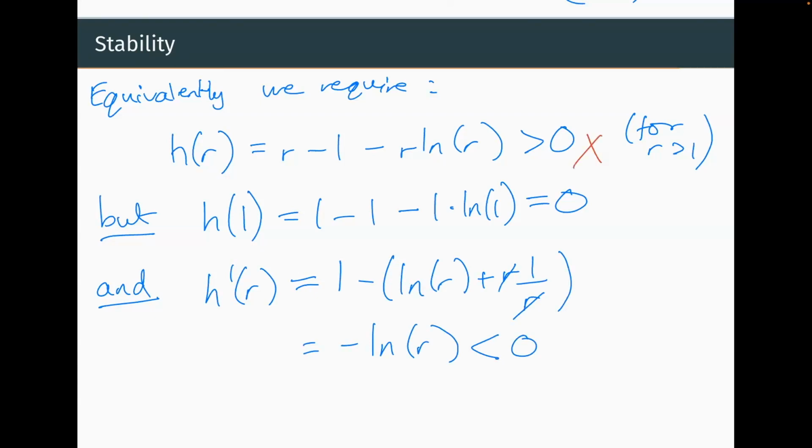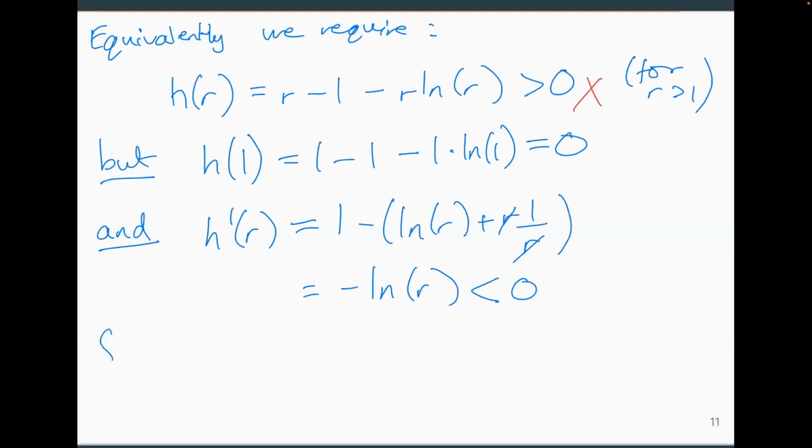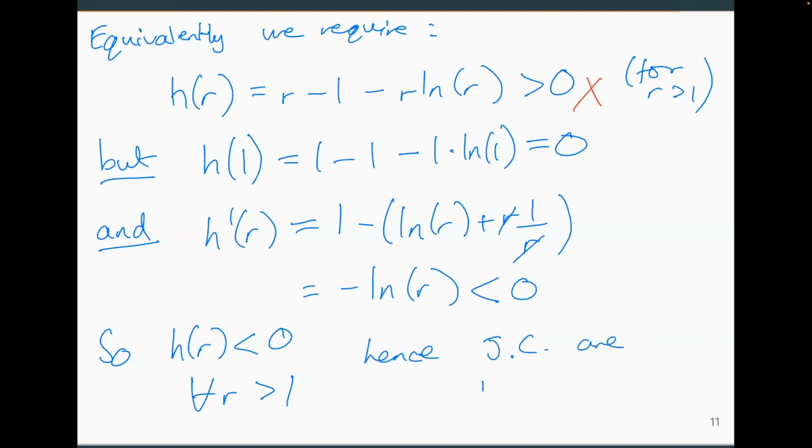So this inequality can't be satisfied. So h of r is less than 0 for all r greater than 1. That means our jury conditions are violated. And so this non-trivial equilibrium is unstable.